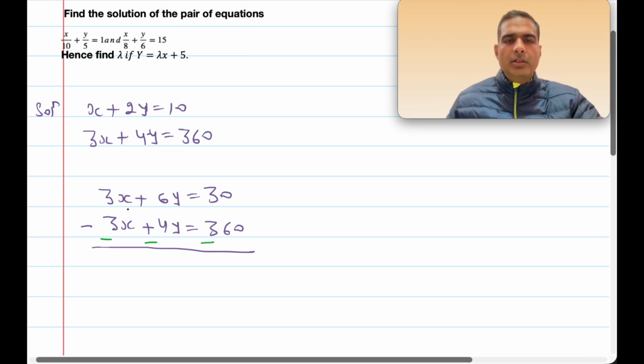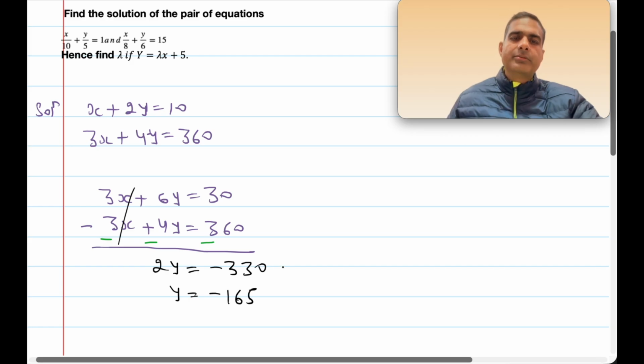Okay, so this will cancel out. Now 6 minus 4y will be 2y is equal to 30 minus 360, will be minus 330. Now if we divide by 2 on both the sides, we will be getting minus 165.